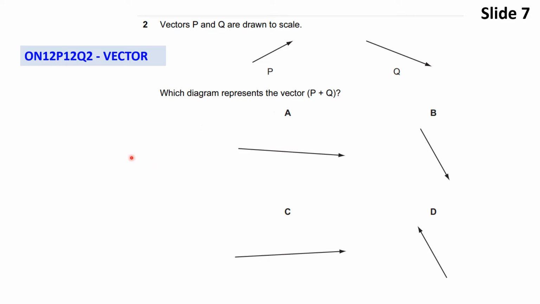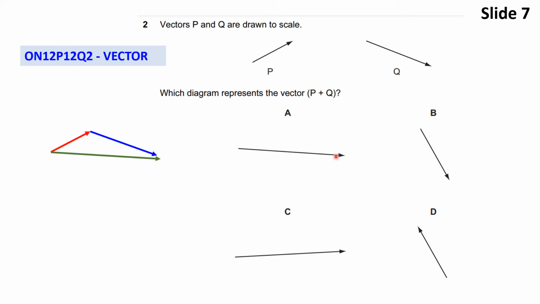So, without changing the size and direction of the arrows, I'm going to connect the tip of the arrow P to the tail of the arrow Q, like this. Now, I'm going to draw an arrow connecting the tail of the first arrow to the tip of the second arrow, like this. So this is my resultant vector.